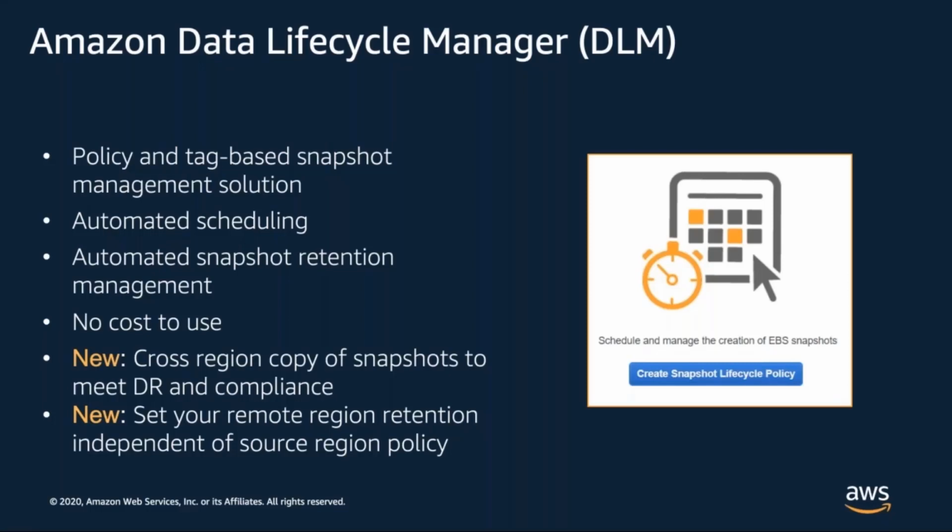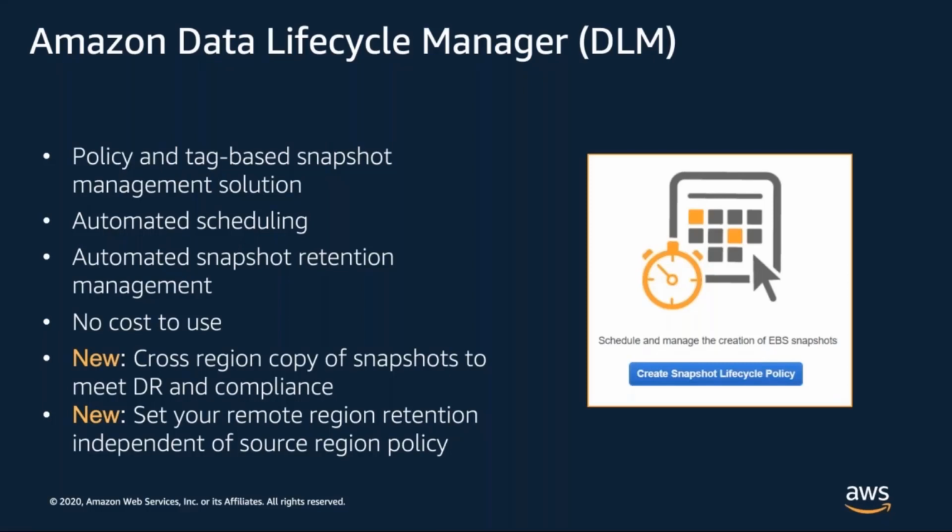You specify when you want a snapshot to be taken and how often, and the DLM service will take care of creating the snapshots for you. This is a great feature for our customers that need to automate the snapshot management and hold it for a certain period of time and auto expire by age or by the count of snapshots.